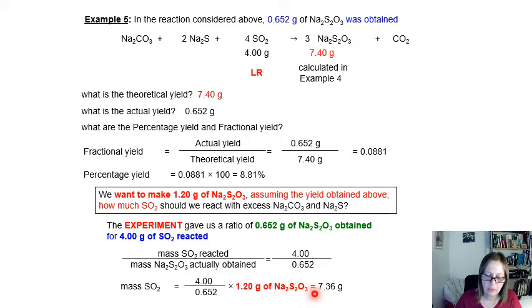This will be 7.36 grams of sulfur dioxide. So in order for us to get 1.2 grams of sodium thiosulfate, based on this very poor efficiency, we need to put into the reaction 7.36 grams of sulfur dioxide, much more than the 4 grams that we had involved in the reaction in the first place.